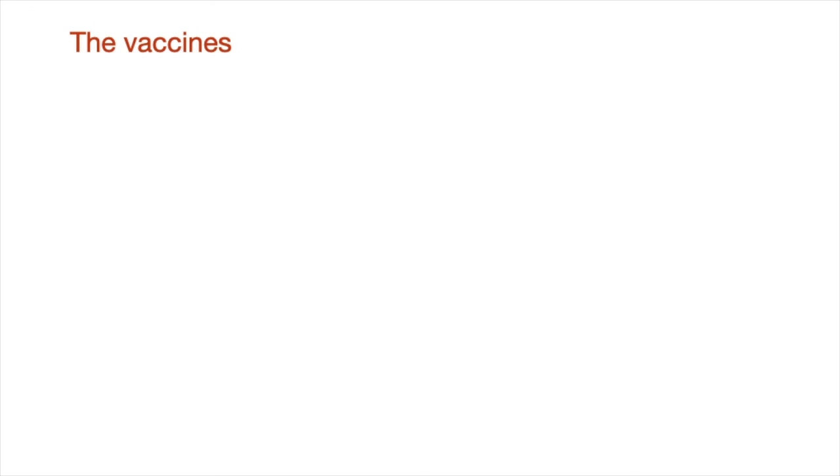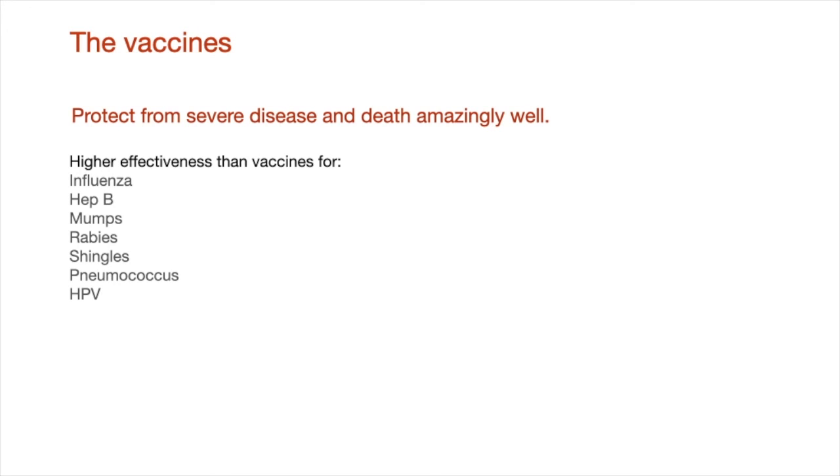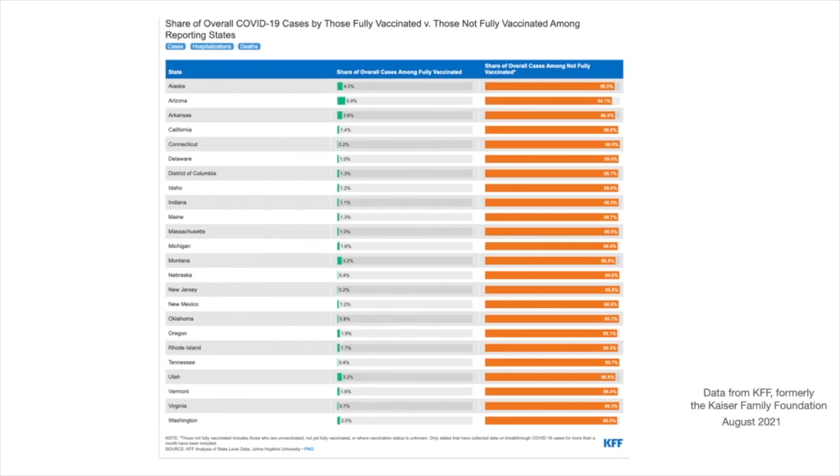I'd like to sum up by saying that the vaccines do protect from severe disease and death amazingly well. And in fact, in terms of effectiveness, the percentage of the population who is vaccinated who will in fact be protected, this vaccine for COVID-19 has higher effectiveness than many of our current vaccines.